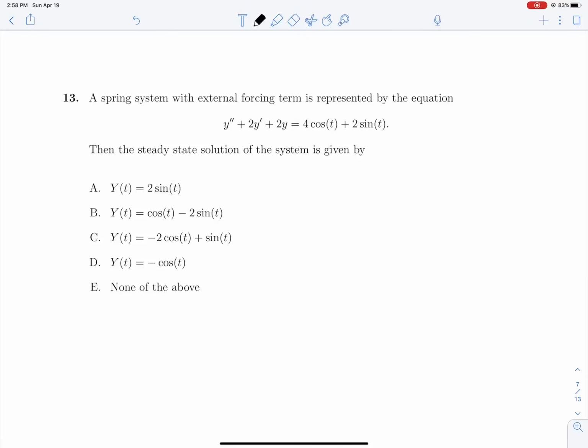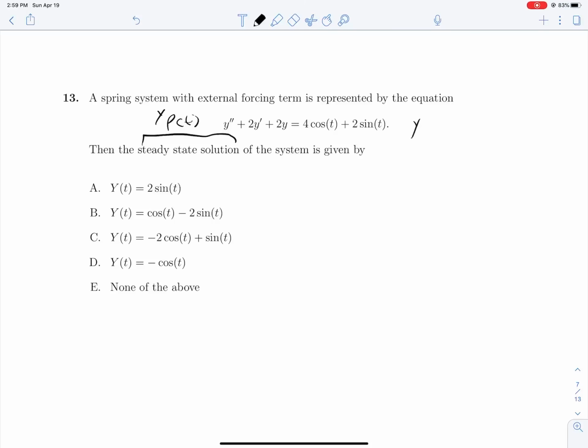13. A spring system with an external forcing term is represented by this equation. The steady state solution, we should read this as yp of t, is given by what? So if we're looking for yp of t, which is the solution that takes control more and more as time goes on, that is going to be given by solving for our undetermined coefficients.